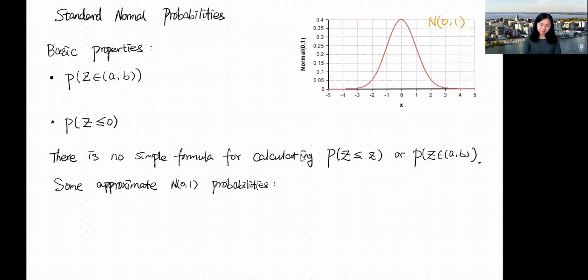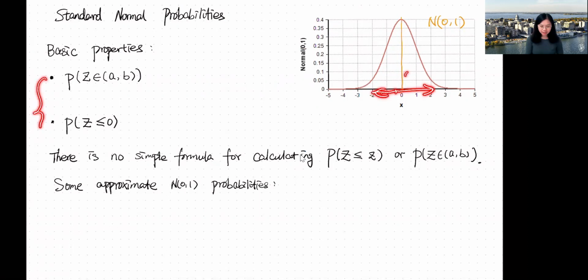As you can see, it's centered at 0, at the expectation, and the curve is perfectly symmetric on the two sides of 0. This symmetry tells us two basic properties regarding the standard normal distribution.